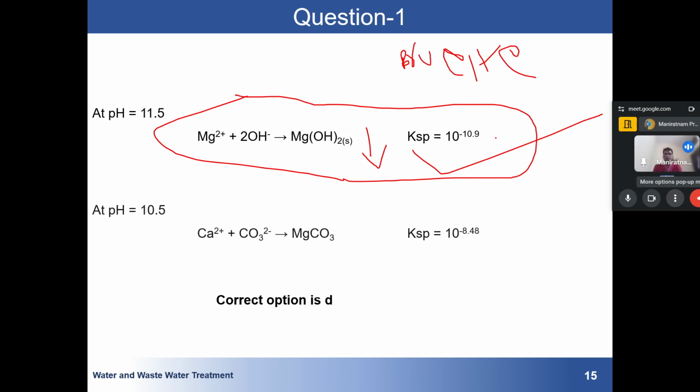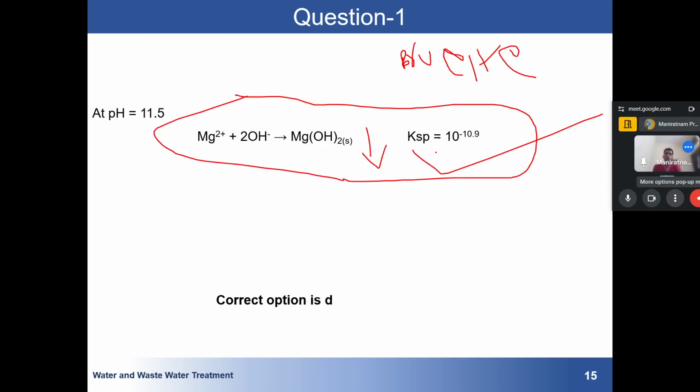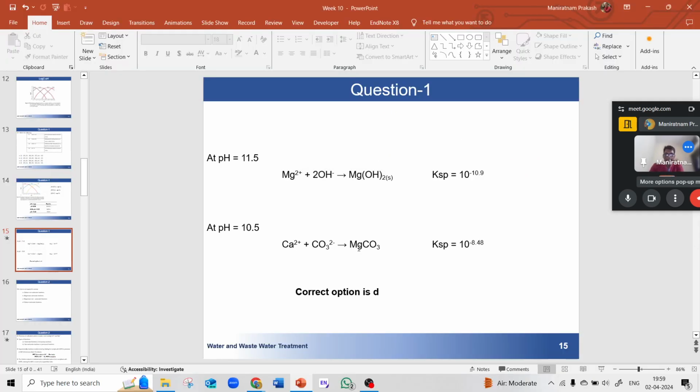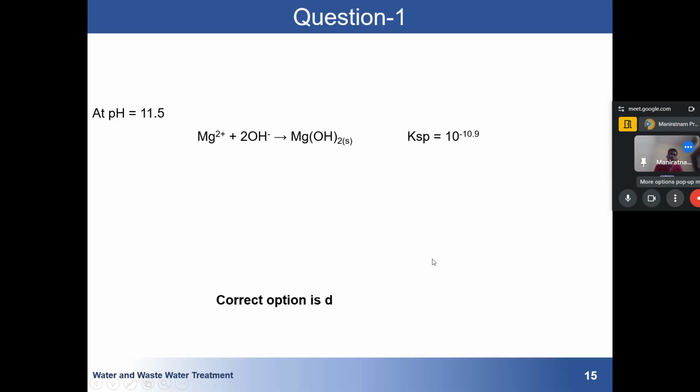Similarly, for calcium at pH around 10, we know that at pH 10.5 carbonate will be dominant, so calcium will react with carbonate and form calcium carbonate.